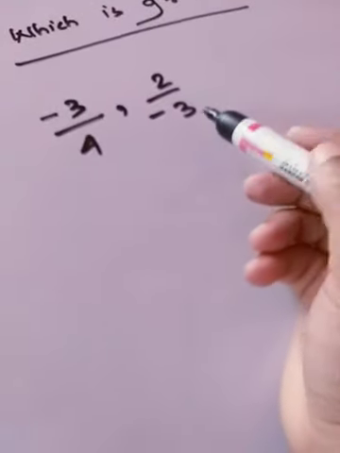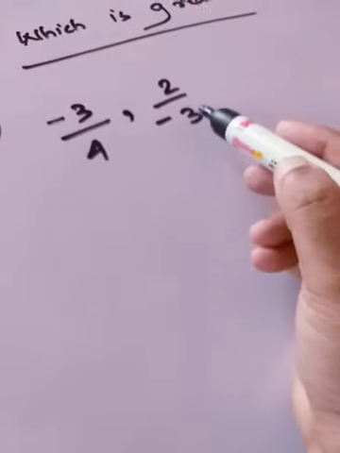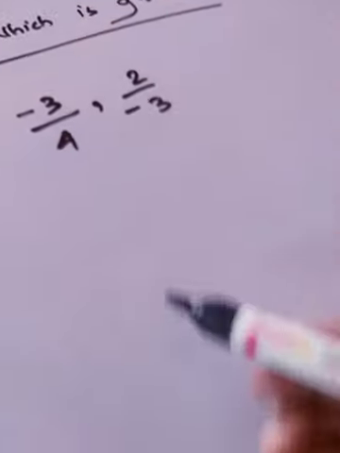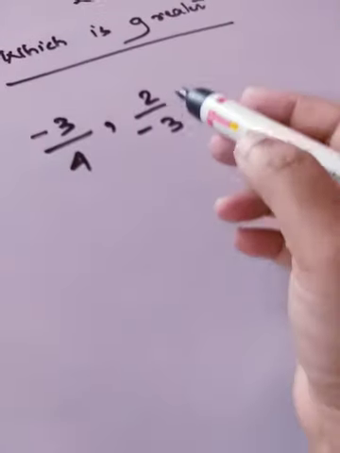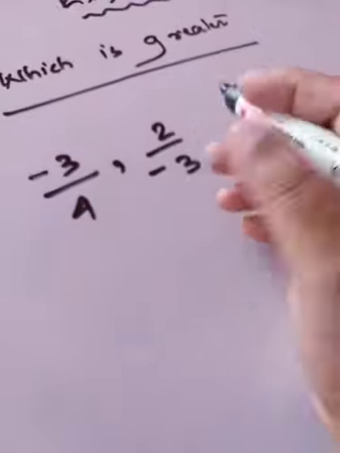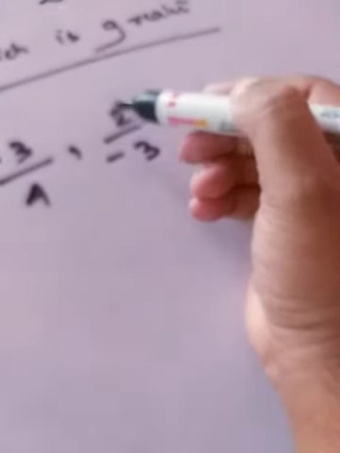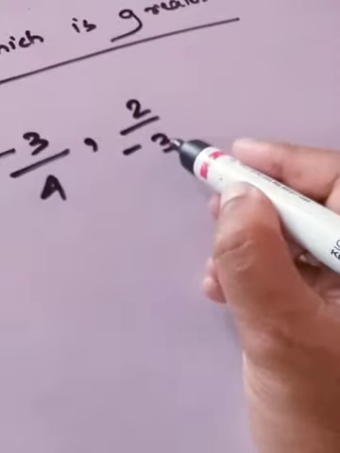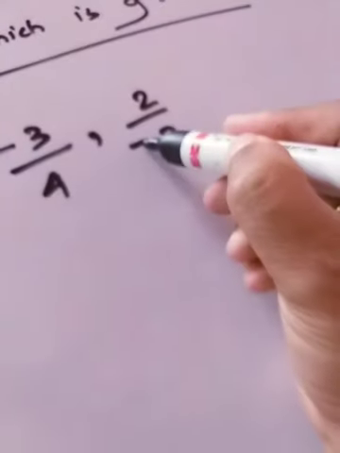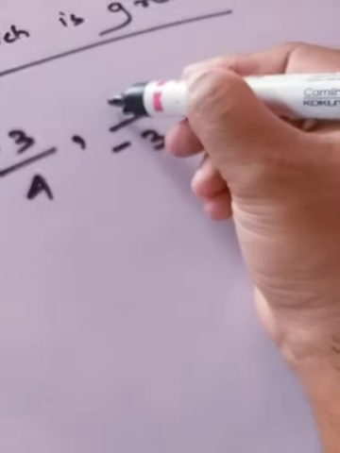Why? Because its denominator carries a minus sign. Whenever you see that the denominator carries a minus sign, you have to change it so that the numerator carries the minus sign. You have to shift the minus sign to the numerator.